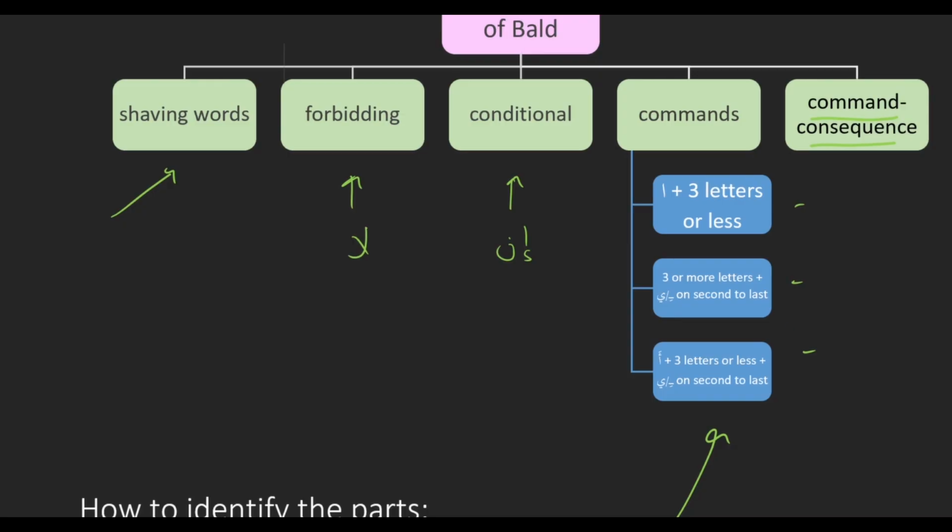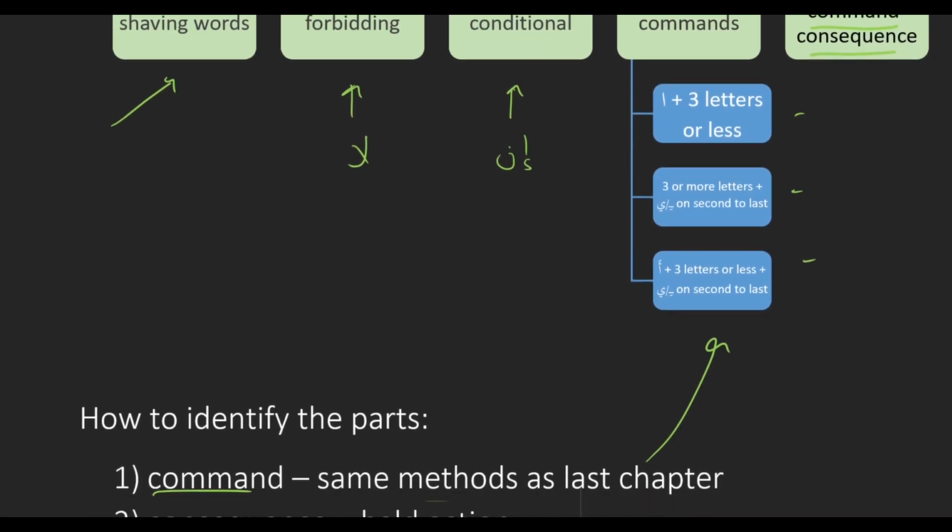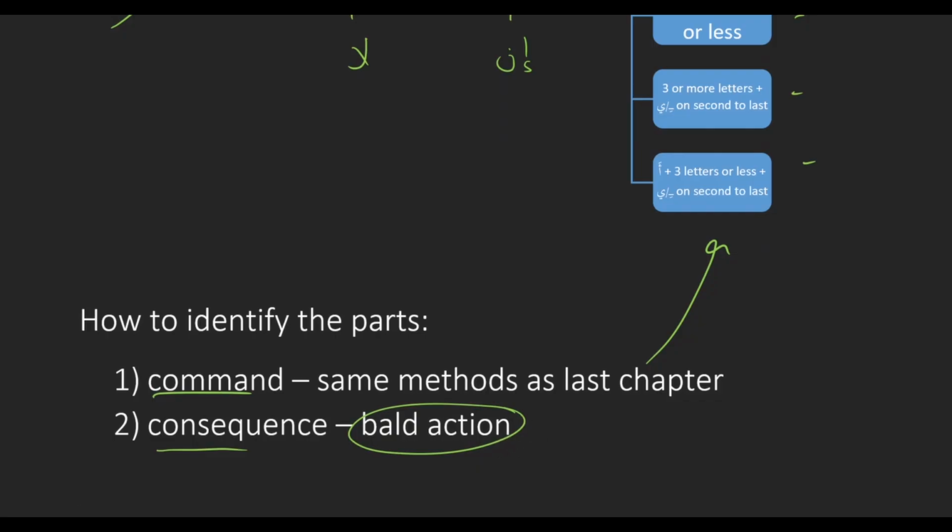But with a command consequence, you'll just see a bald action. Of course there's a command coming before it, but you might see a command and think, oh, I found a command, and that's all there is to it. And then you might miss this bald action or miss the reason why it's bald.